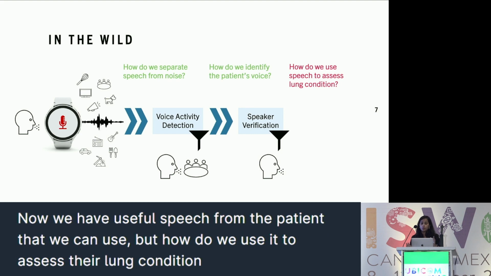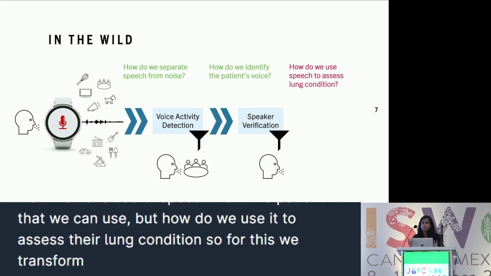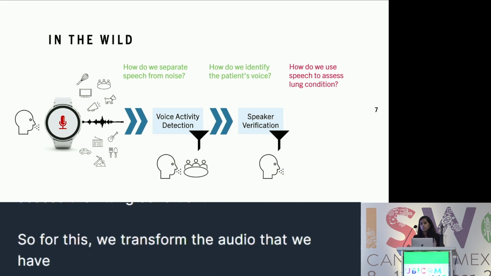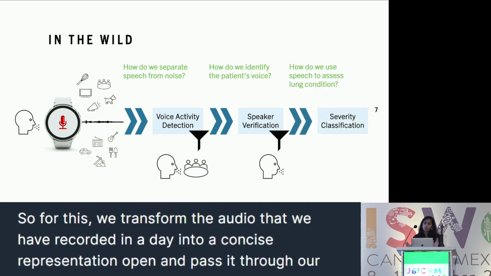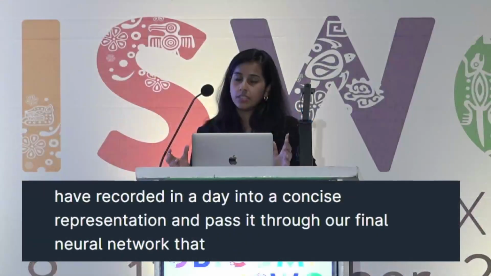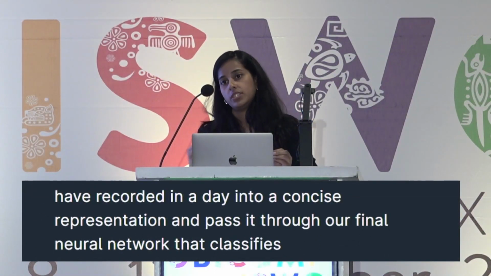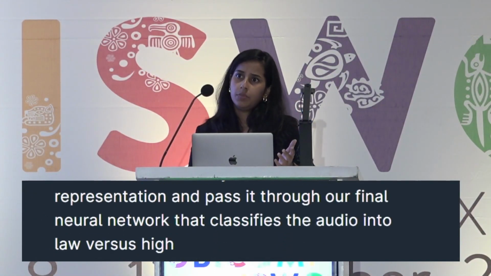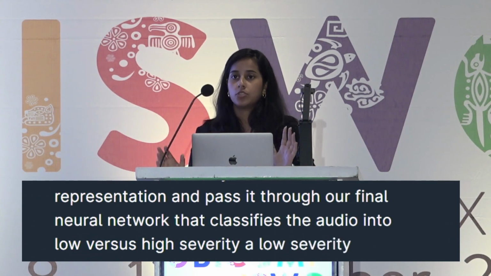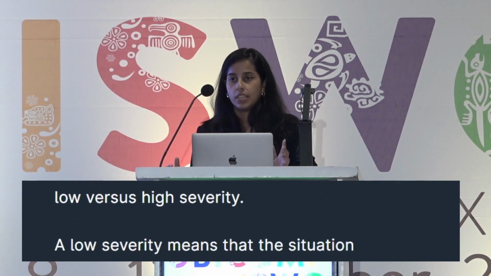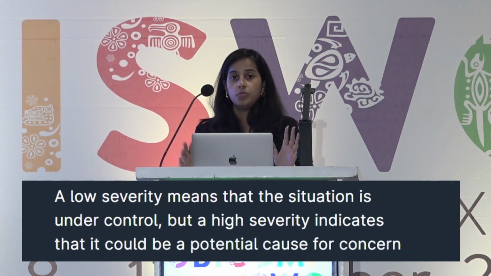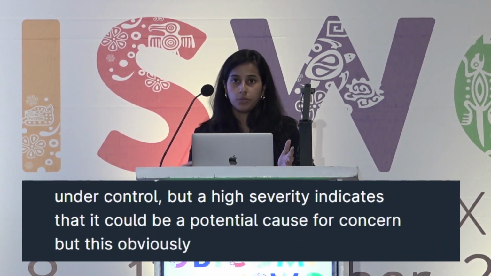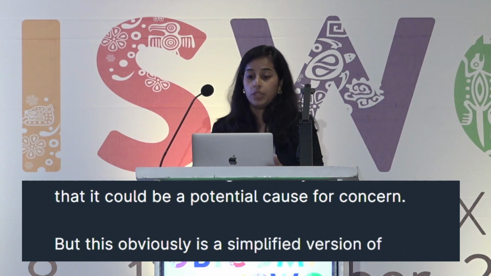For this, we transform the audio that we have recorded in a day into a concise representation and pass it through our final neural network that classifies the audio into low versus high severity. A low severity means that their situation is under control, but a high severity indicates that it could be a potential cause for concern. But this obviously is a simplified version of our pipeline.